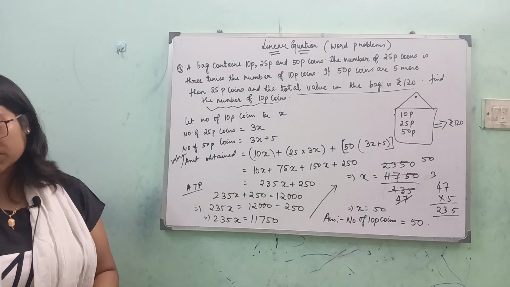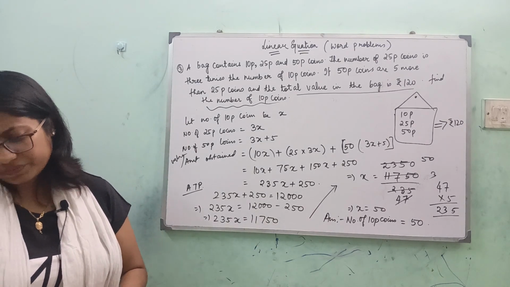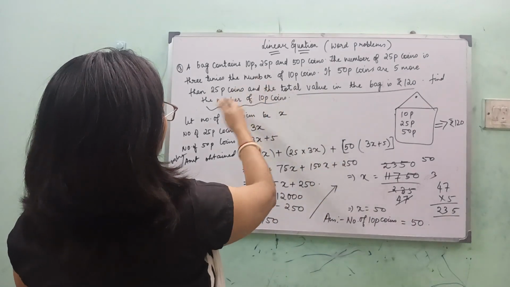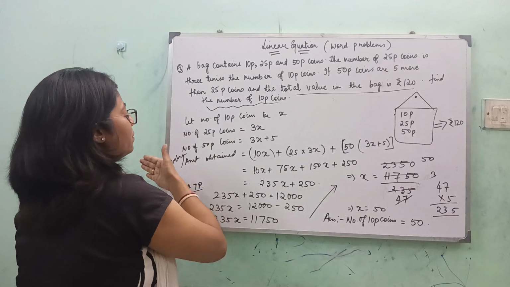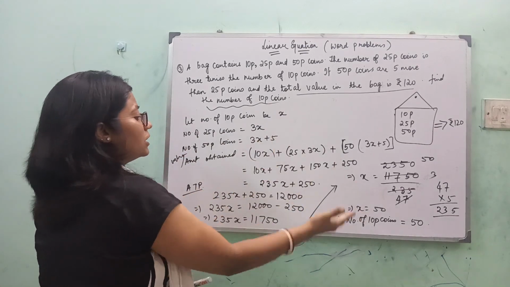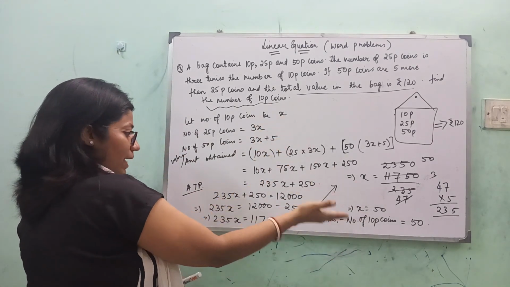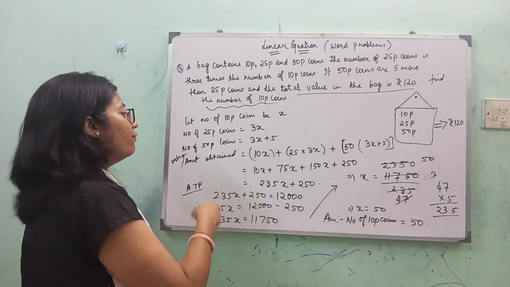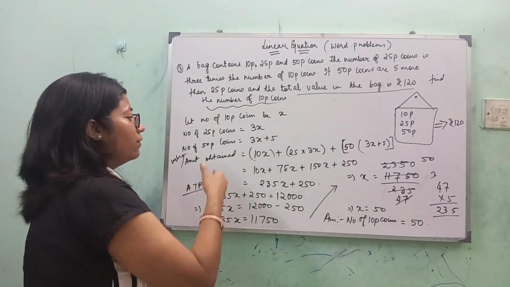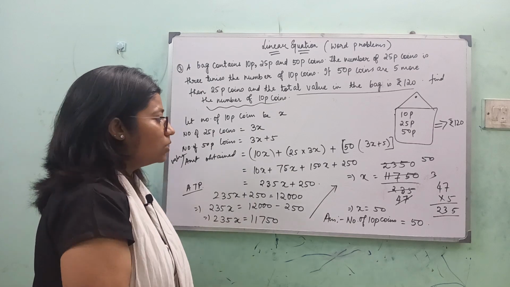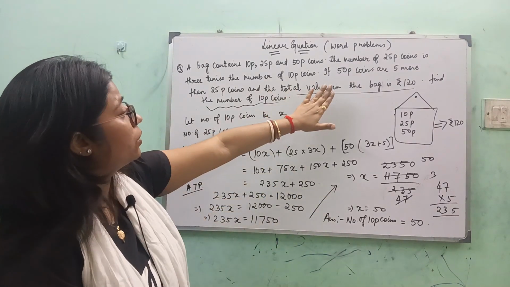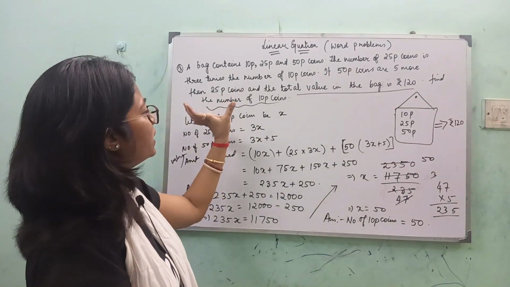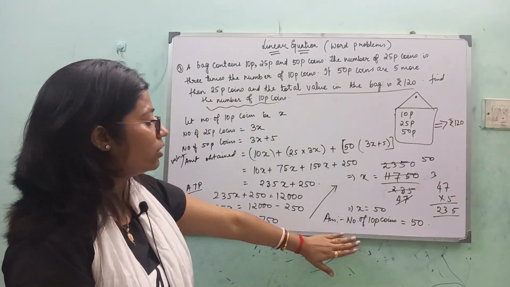If you were asked to find the other ones, that is the number of 25 paisa coins and the number of 50 paisa coins, you could have just simply substituted the value of x as 50 in these two and got the number of coins of the other categories. So I hope this sum is clear. The question has just asked you to find the number of 10 paisa coins. So we have got the number of 10 paisa coins is 50, and here the sum ends.